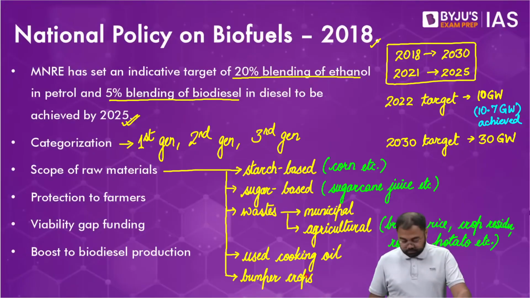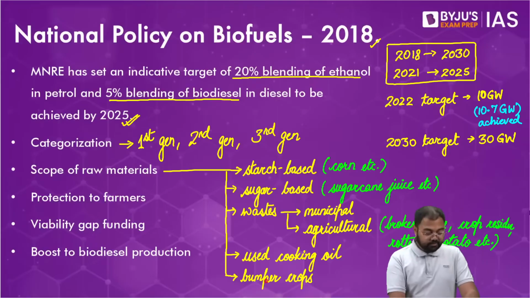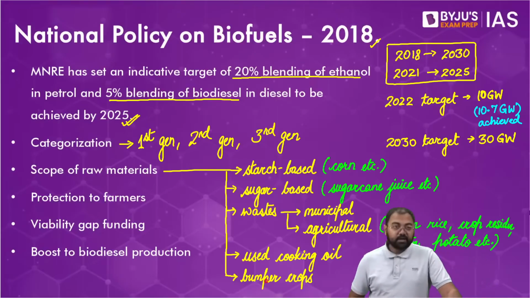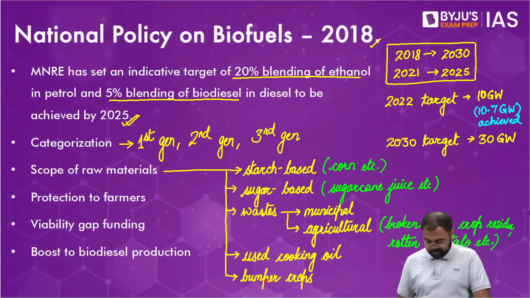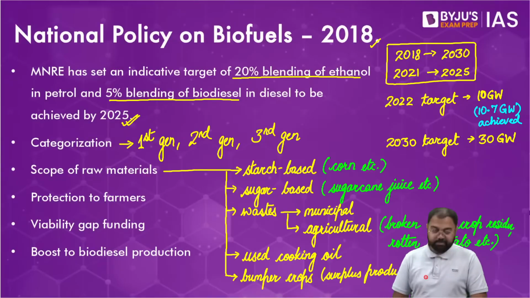That's why this definition is very important, because now that they have defined that all these things can be used as a source for biofuel production, this will help a lot. So bumper crops are nothing but the surplus production. The surplus production is called bumper crops.